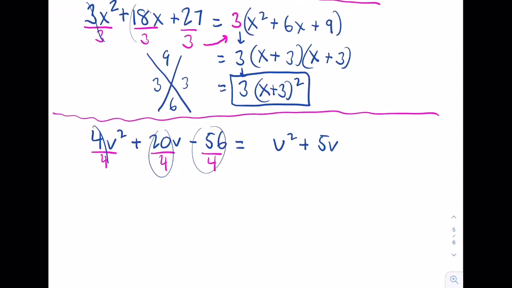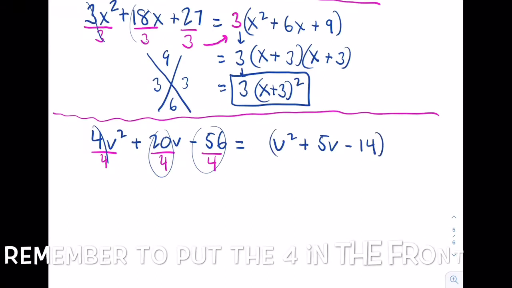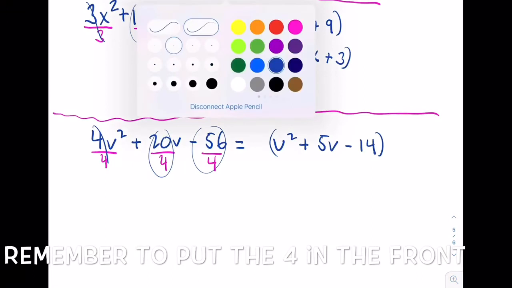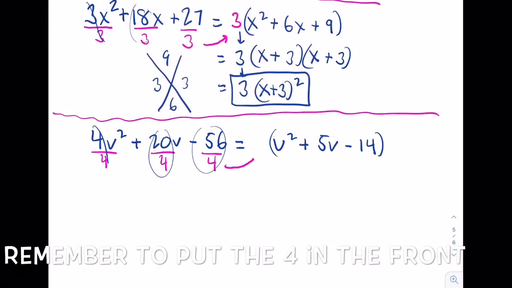Negative 56 divided by 4 is negative 14. And remember we have to put that 4 in the front. So we divided by 4, in order for it to be equal, we have to put a 4 on the outside.